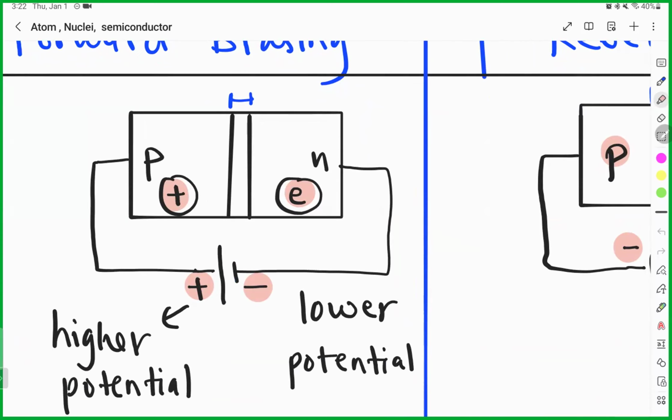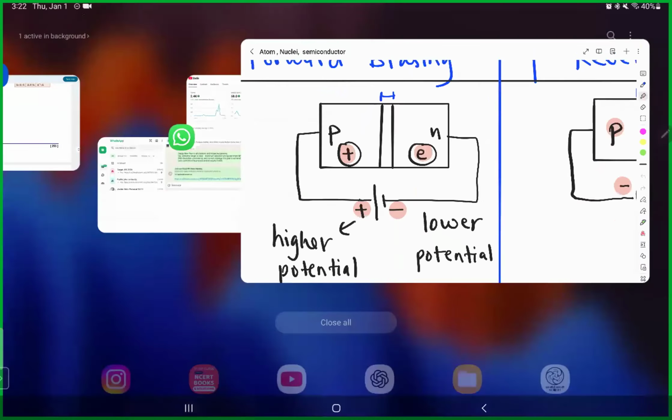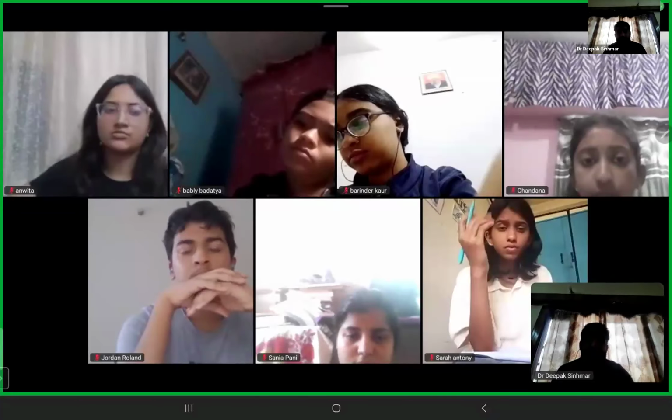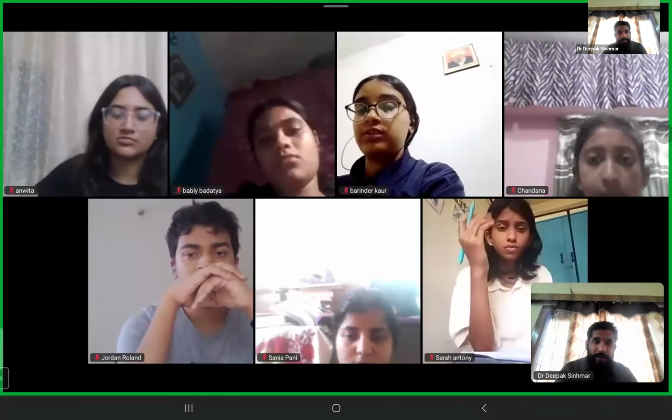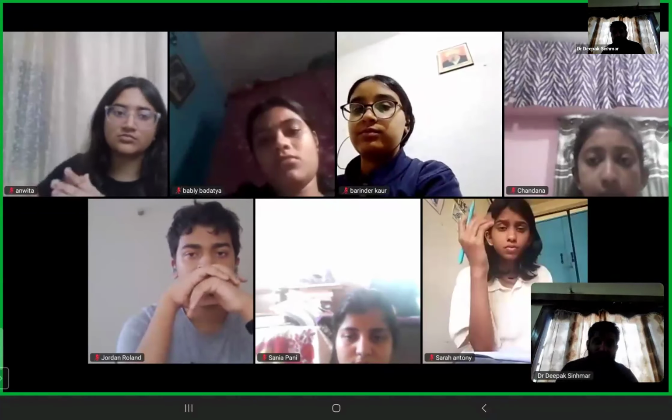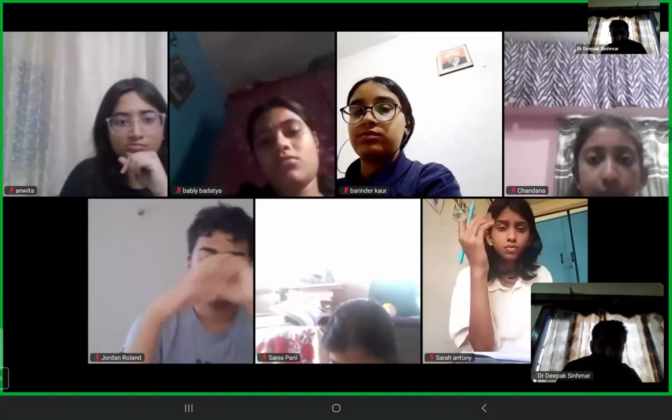So they will move across, and when they move, the thickness of the depletion layer will reduce. The simplest answer is that the thickness in case of forward bias is less.